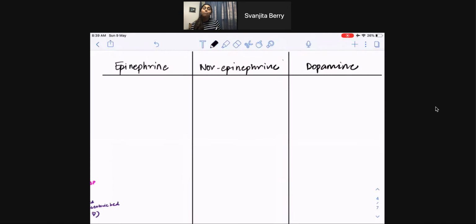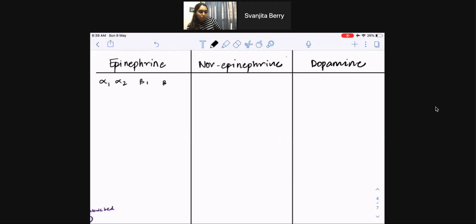Epinephrine can turn on alpha 1, alpha 2, beta 1, and beta 2 receptors. Norepinephrine can turn on alpha 1, alpha 2, and beta 1 only. There's no beta 2 with norepinephrine. And dopamine can turn on D1, beta 1, and alpha 1.